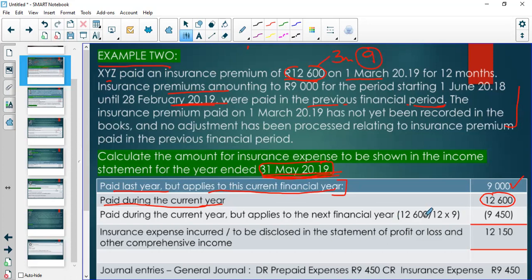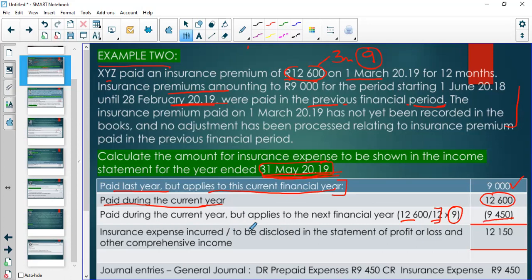So per month we have to know how much is the monthly insurance. So we say 12,600 divided by 12. This is monthly, and we have to remove the 9 months that don't apply to this current year. We subtract that.